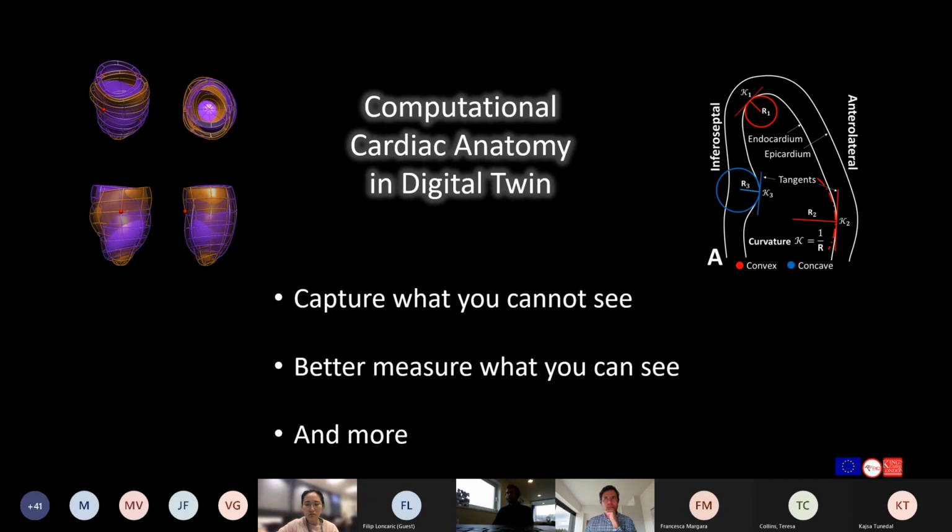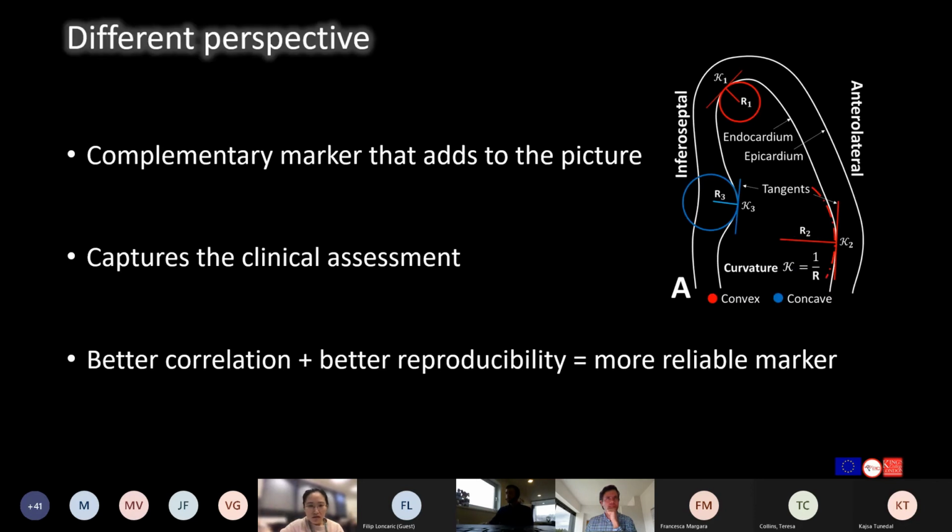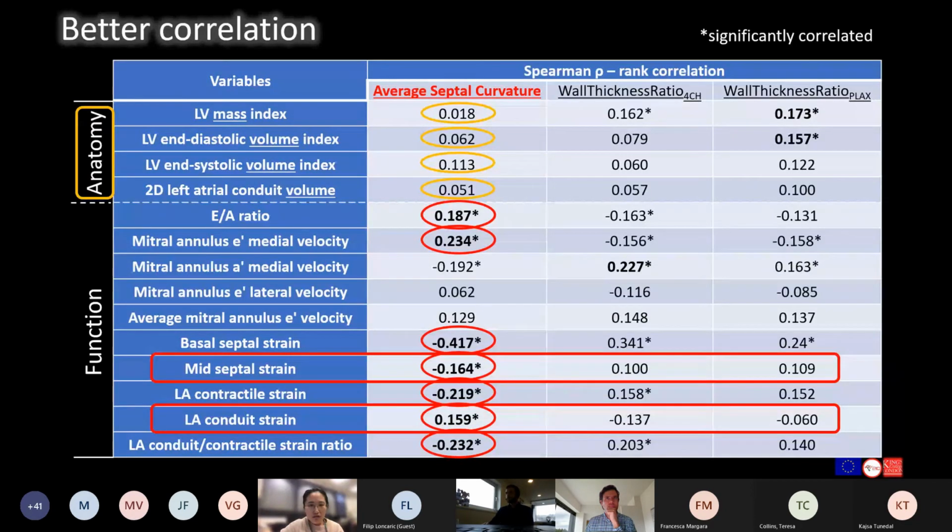Are you talking about the statistical shape analysis? Yes, yes. Before, you showed us the parameters, could you please go back? Yes, and here, you have measured some function of the strain and also the volume index.